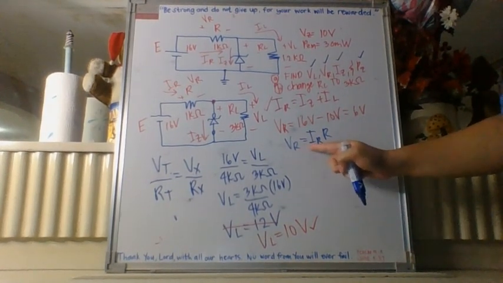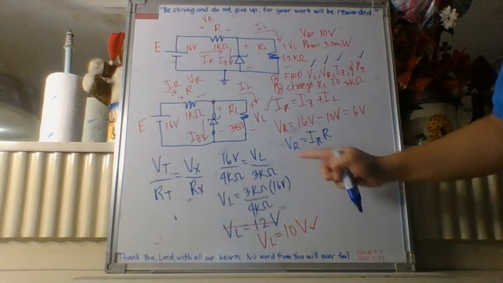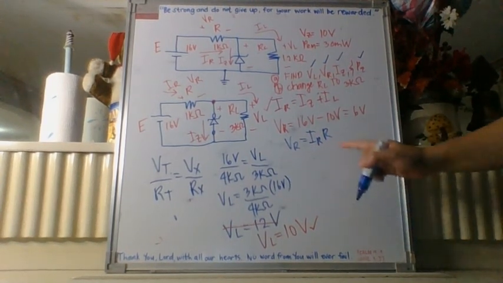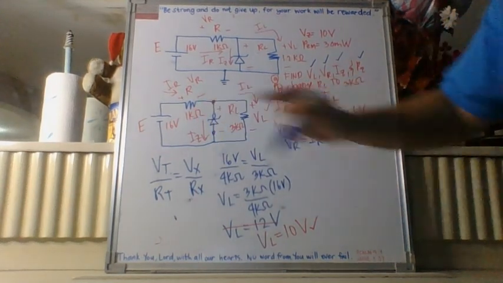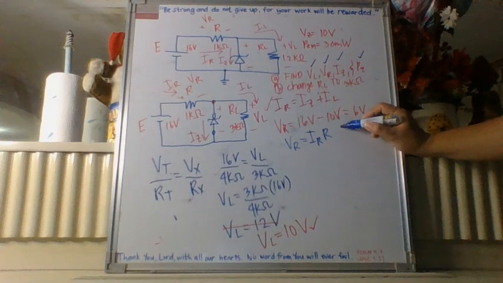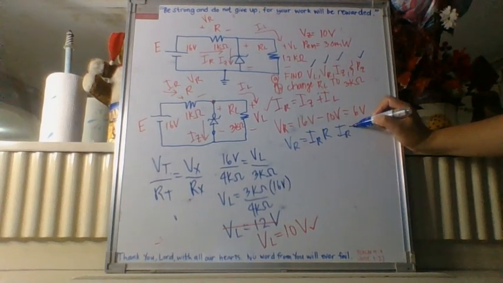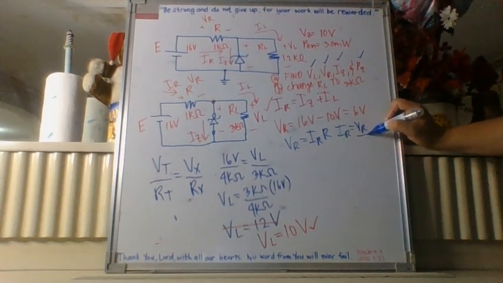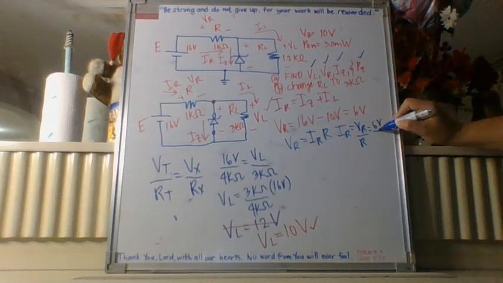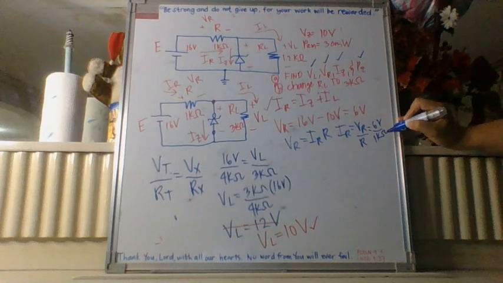V is equal to I times R. We know the value of V sub R, which we solved earlier as 6 volts. The value of R we know is 1K. Therefore, we can solve for I sub R. Rearranging our equation, we have I sub R is equal to V sub R divided by R. So we have 6 volts divided by 1 kilo ohm.